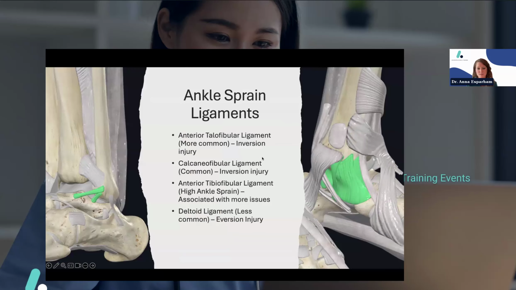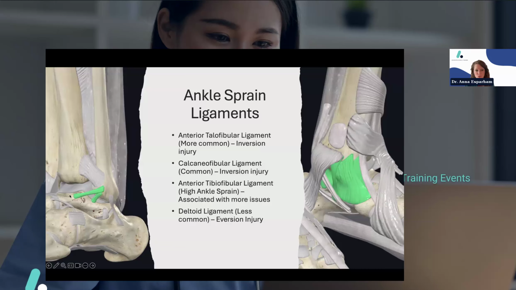So if you look here, the most common is an inversion injury. That's when your ankle turns inward. And so then all these ligaments on the outside of your ankle get stretched. Here's the fibula, that bony protrusion on the outside of your ankle. The ligament that connects it to the talus is called the anterior talofibular ligament, and this is the most common ligamentous injury in an ankle sprain.